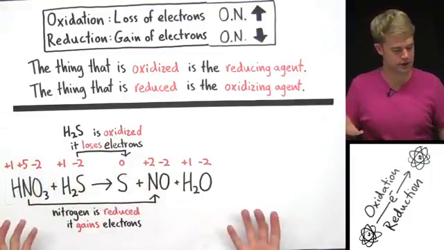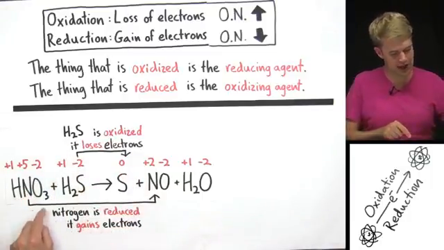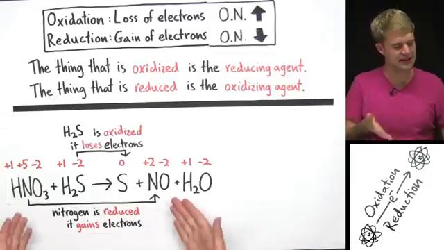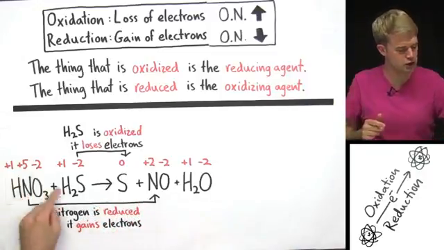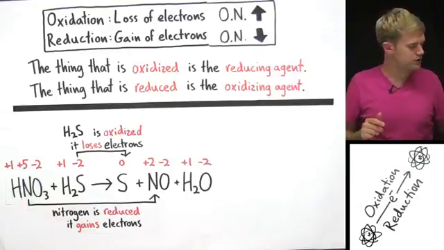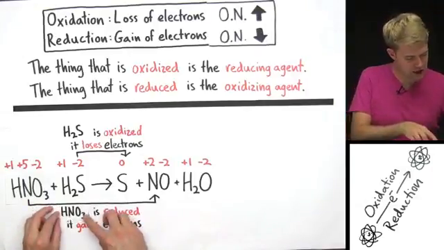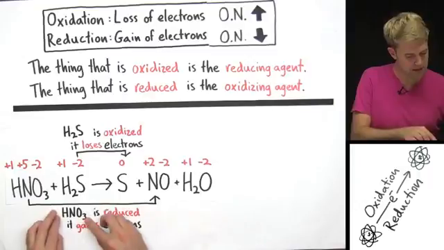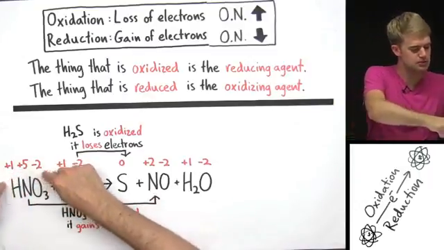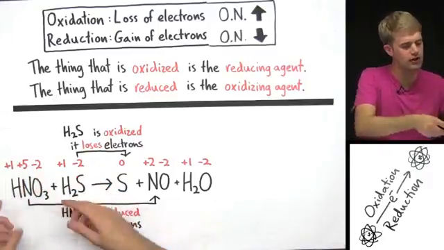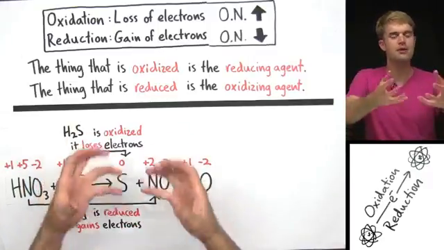It's losing electrons. Nitrogen, this nitrogen atom is definitely getting reduced. It's gaining electrons. But if we're talking about the larger compound that nitrogen is part of, we'll say instead that HNO3 is getting reduced here. The nitrogen is gaining electrons, but the nitrogen is part of HNO3, so the whole HNO3 is gaining electrons.